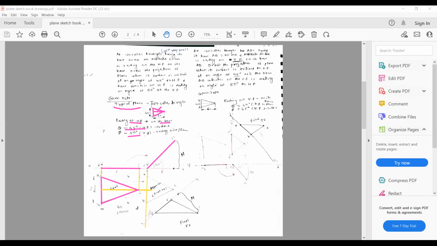Then take the projection from A, where it intersects you will get the point A. Take the projection from B, where it intersects, it will give the point B. Then take a vertical projection from point C, where it intersects, it will give the point C. Okay, and then finally you join these with a thick line.